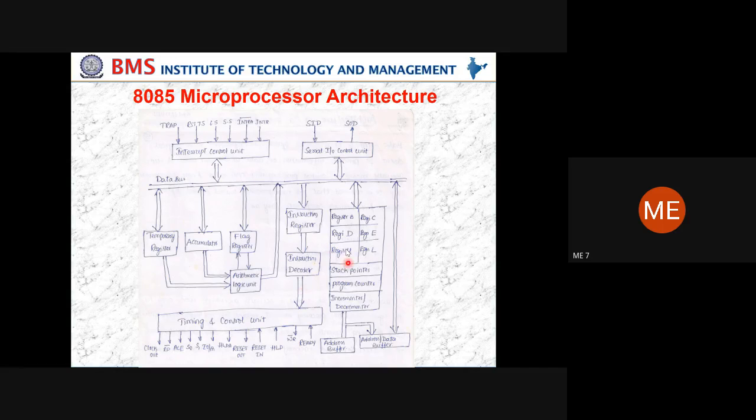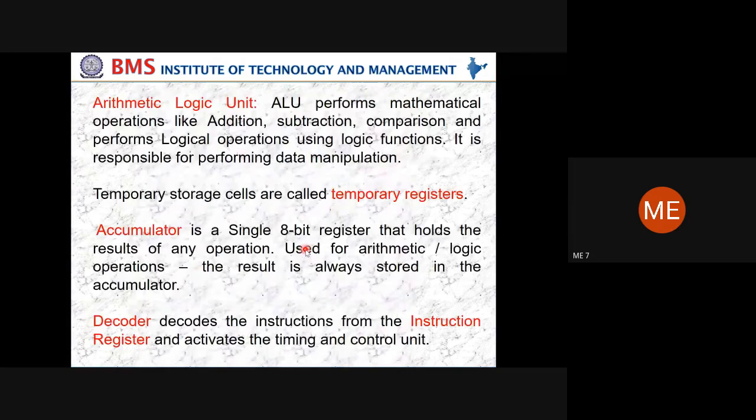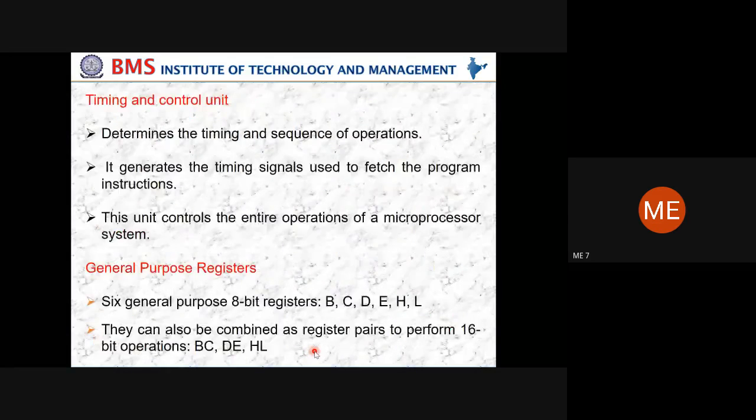The instruction decoder decodes the instruction so it is understandable by the microprocessor, and that is given to the timing and control unit. Remember, the timing and control unit is the one which drives or controls the program. That is the meaning of this third one: the decoder decodes the instructions from the instruction register and activates the timing and control unit.